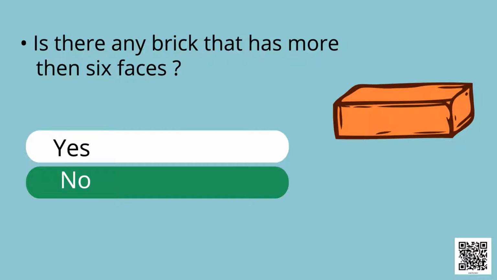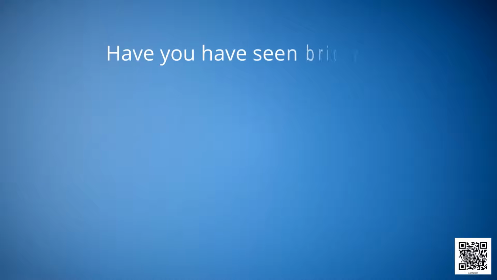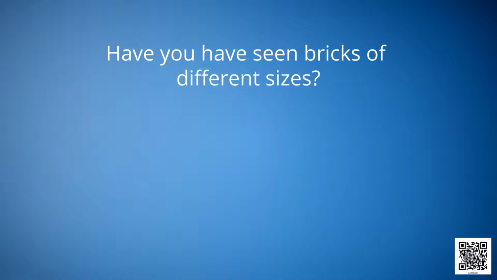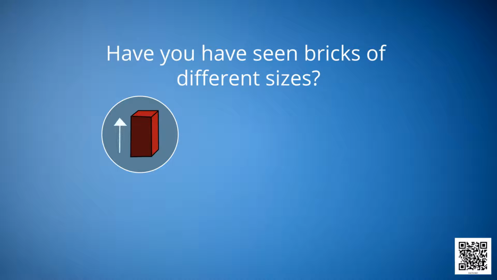Now, find the shape of the brick. Have you seen bricks of different sizes? Let's try and do this activity. Take one brick and measure it. First, find out its length.